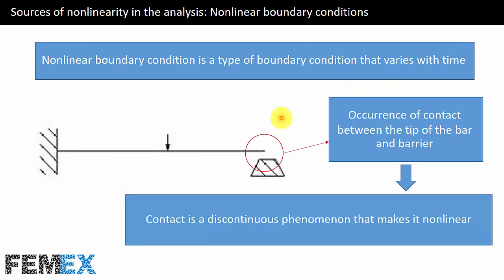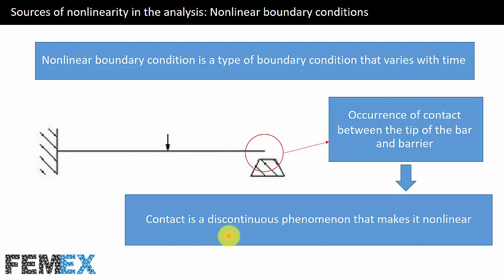Now I want to explain the nonlinear boundary conditions. A nonlinear boundary condition is a type of boundary condition that varies with time, like this simulation. In this simulation, the load increases and this beam deflects until it comes into contact with this barrier.